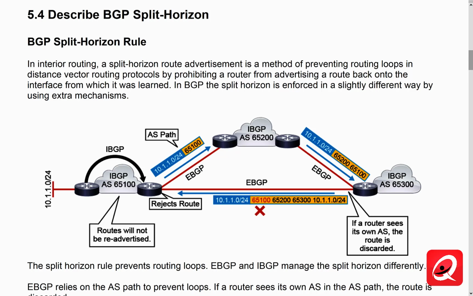So routing information loops within the autonomous system get prevented by this iBGP split horizon rule. Routing information that's received through one iBGP peering session is never going to be forwarded to another iBGP neighbor. So that's a little bit different than a traditional split horizon rule where we say, don't ever advertise what you receive back out to the person you received it from.